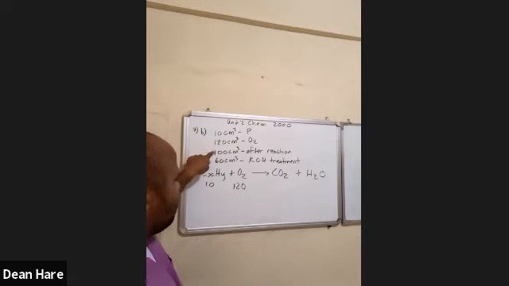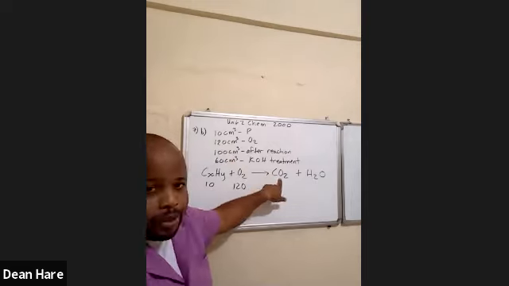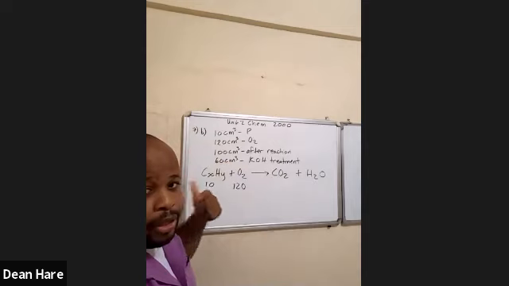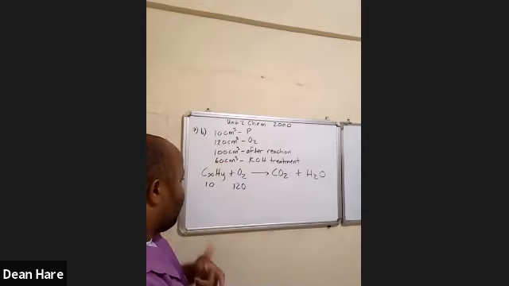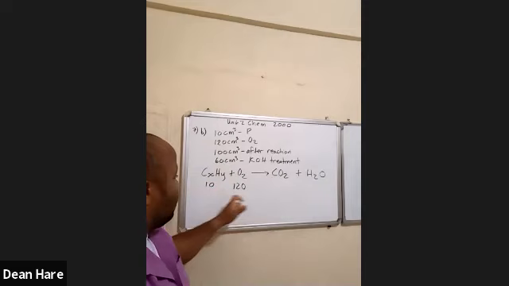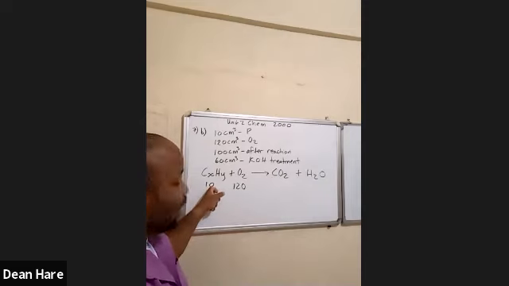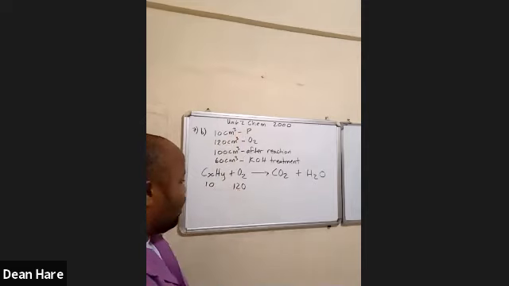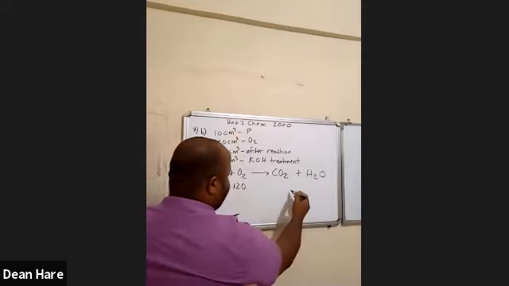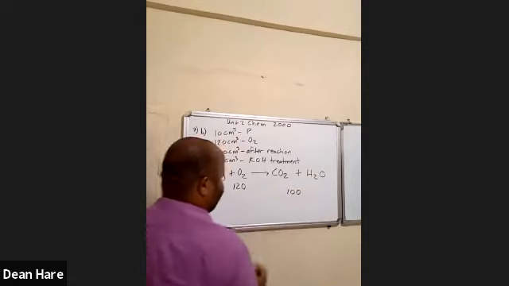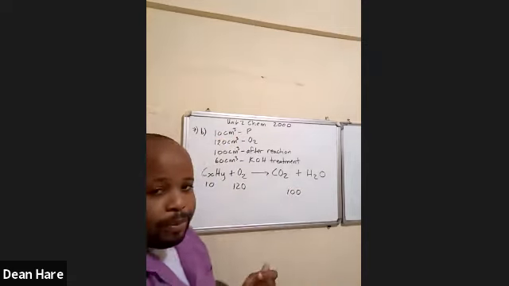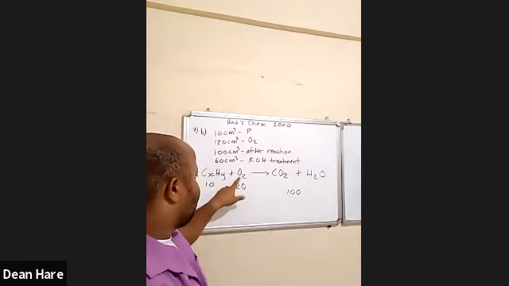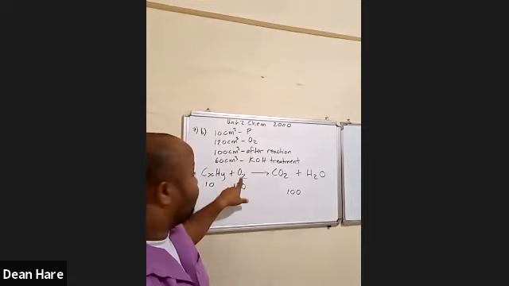Now remember, we are producing CO2, which is a gas, but not all of the oxygen is used up in the reaction. So at the end, we have 100 cm cube of gas, and that represents CO2 and any unreacted oxygen.